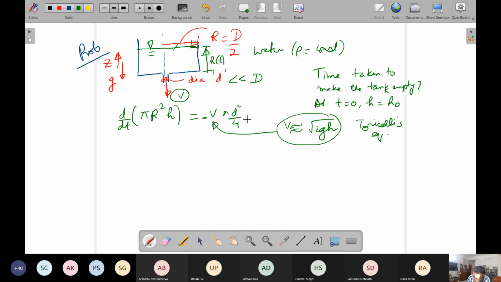So this will give a separation of variables, h as a function of time. So you can find out the time at which h is equal to 0 by integrating, right? So all of you agree that this is the way in which the problem would perhaps have been solved at that stage, right?